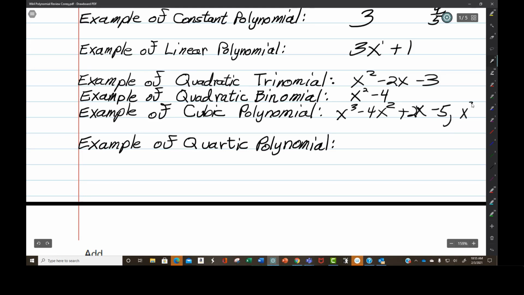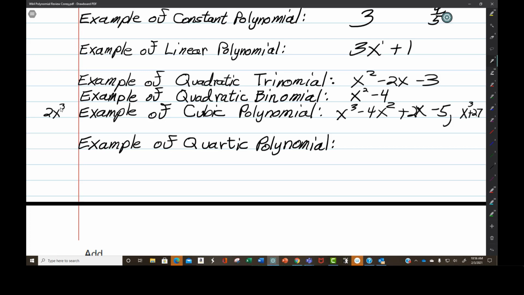How about x to the 3rd plus 27? In fact, if the truth be told, I could make a cubic monomial, x to the 3rd. That's another example. After all, a monomial is a polynomial. It's a type of polynomial that's really short.